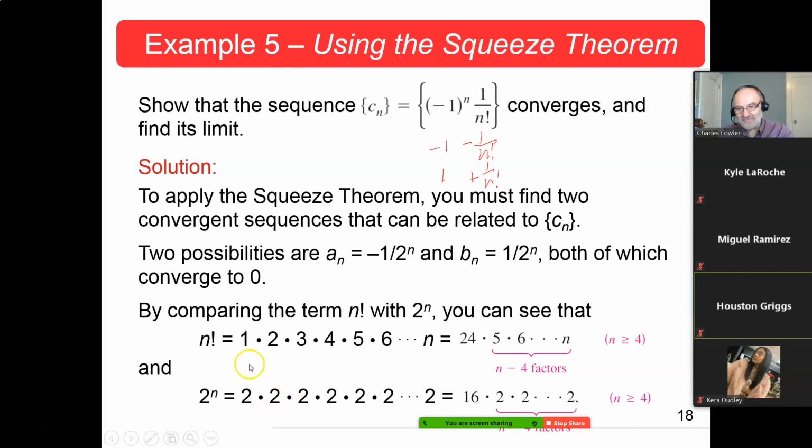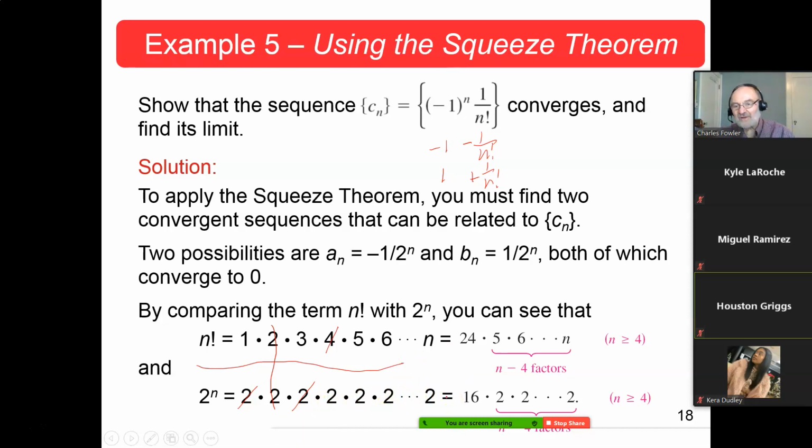Well, just looking at this, this 2 and that 2 could divide out, especially if you did the ratio of these. And then every number up here, 3 times 5 times 6 times 7 times 8 times 9, are greater than 2 times 2 times 2 times 2 times 2.